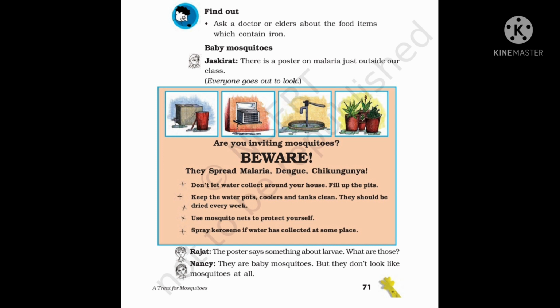So what should we do? Let's see. Don't let water collect around your house. How to do so? Fill up the pits. Whenever you see a pit, fill it up so that there is no water accumulation there.